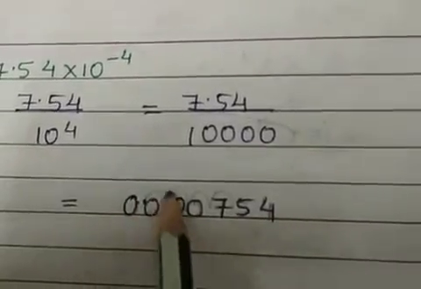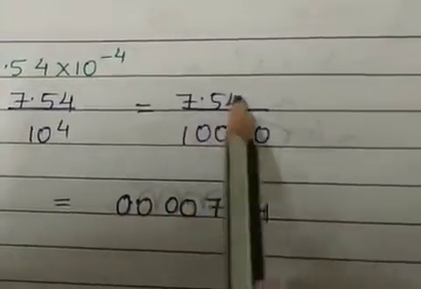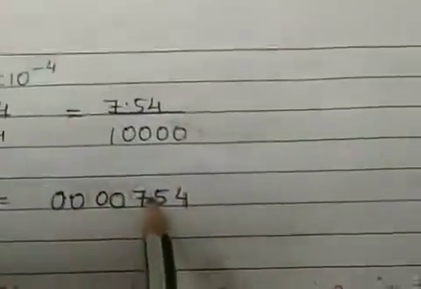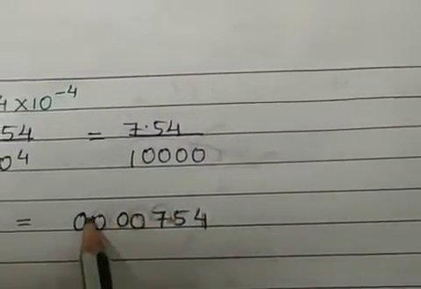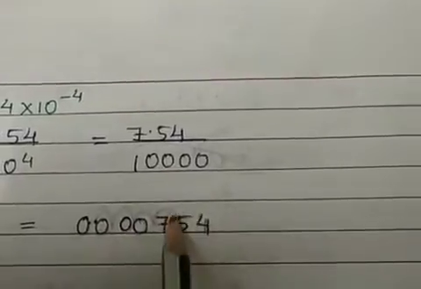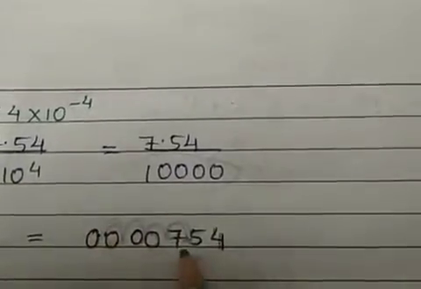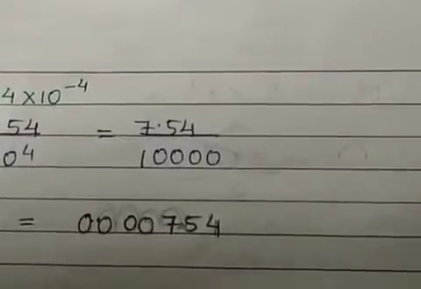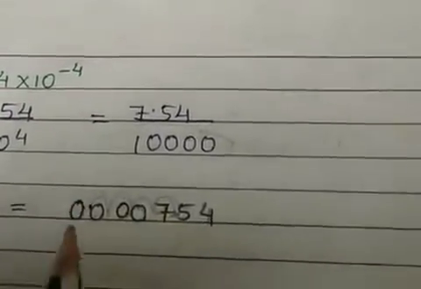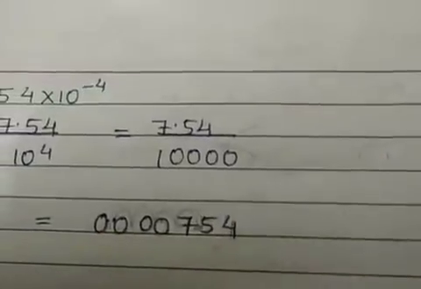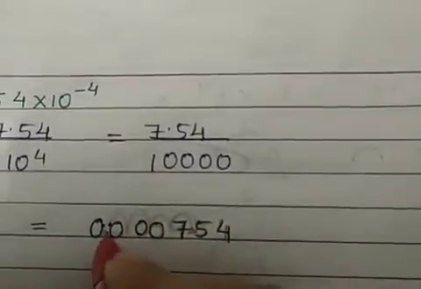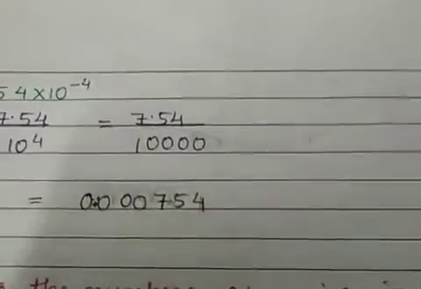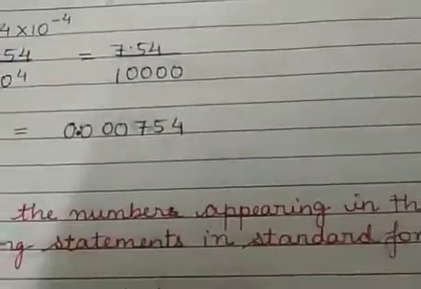So you get 7.54, and from here you move 4 places to the left. When you divide, you always move places to the left, and when you multiply you move so many places to the right. So here you have 0.000754.